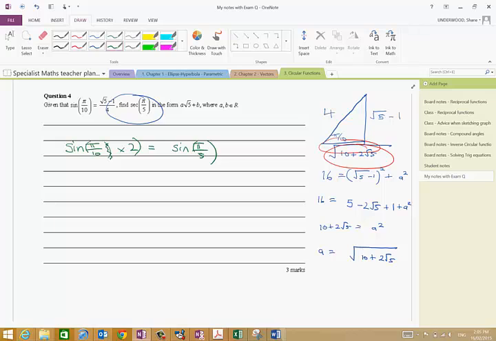So if I was to multiply that angle by 2, I'm going to get pi on 5. Well, guess what? That could be what we're trying to find. We know what sine of pi on 10 is. We also know what cos of pi on 10 is, don't we? So which double angle formula are we going to use then? What is it?